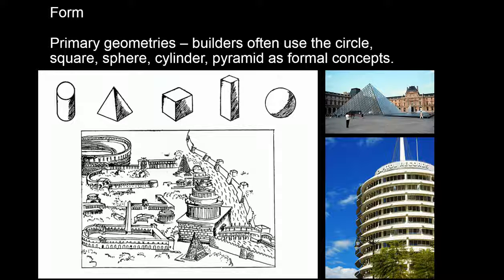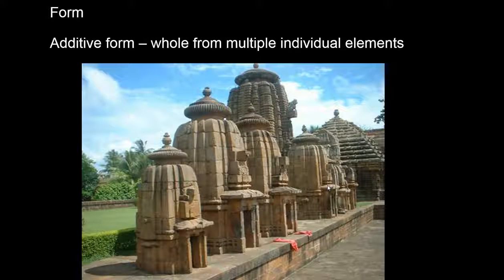All right? So in analyzing form, I mentioned that in addition to this idea of the basic formal geometries, there were also things that could be considered additive forms. And most of the architecture you're going to look at is additive in nature. Okay?